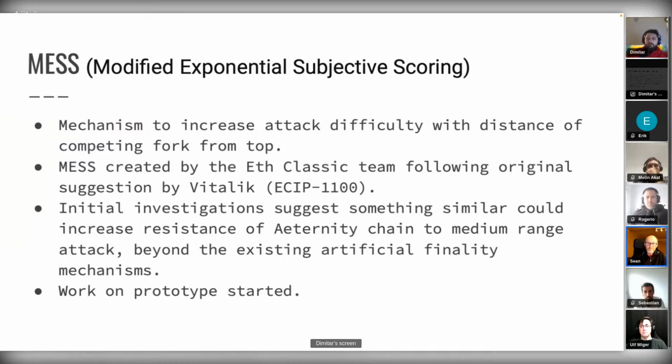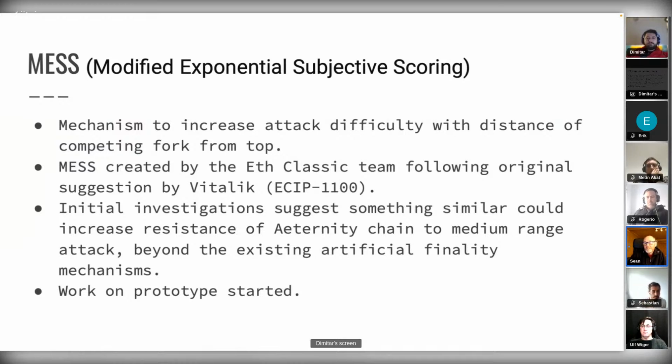It does this by simply rejecting incoming forks with a difficulty multiplier. So the difficulty needed to attack the chain is multiplied by an additional factor based on the distance from the top. So we think that something similar could be quite useful for the Eternity chain.